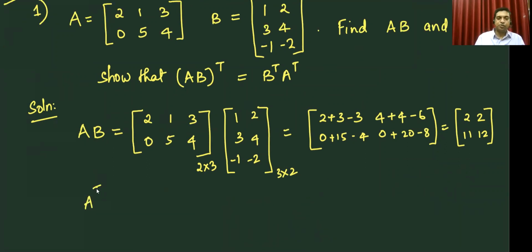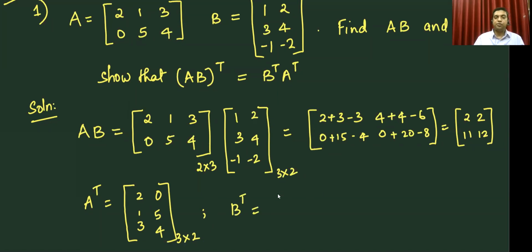Now A transpose: change the row to column. 2, 1, 3 is the row, change it to column. 0, 5, 4 is the row, change it to column. This is A transpose, which has become 3 by 2. What is B transpose? The first column becomes the first row: 1, 3, minus 1.